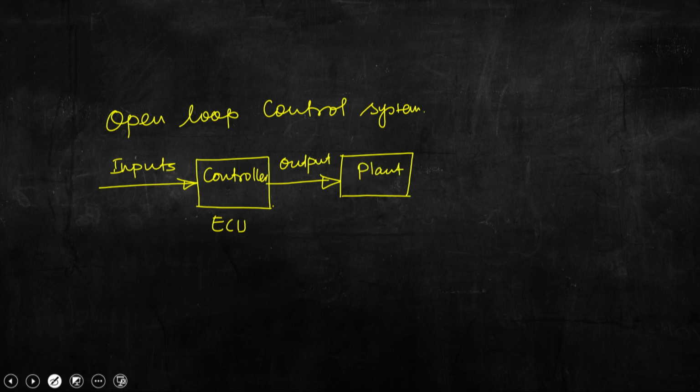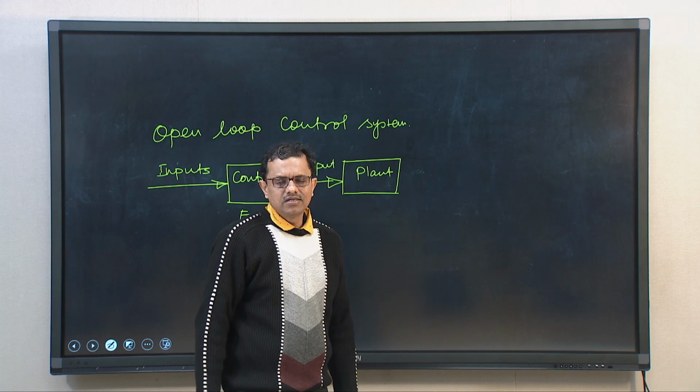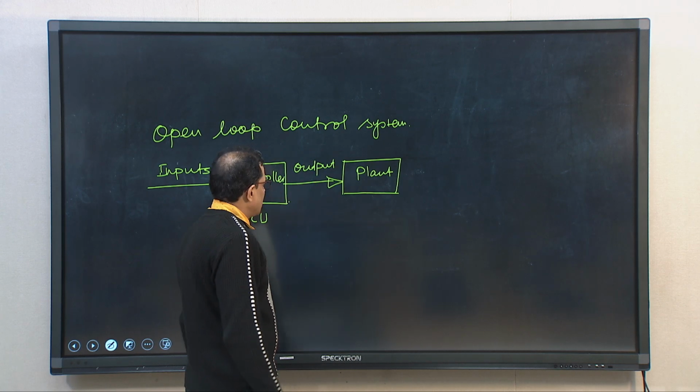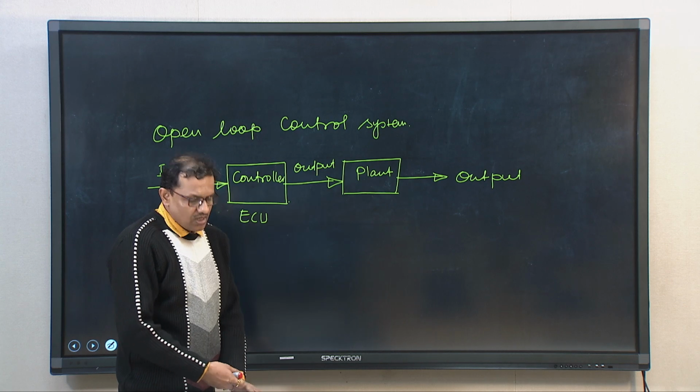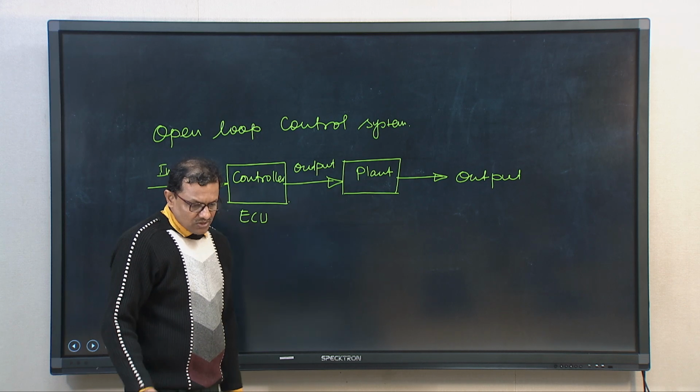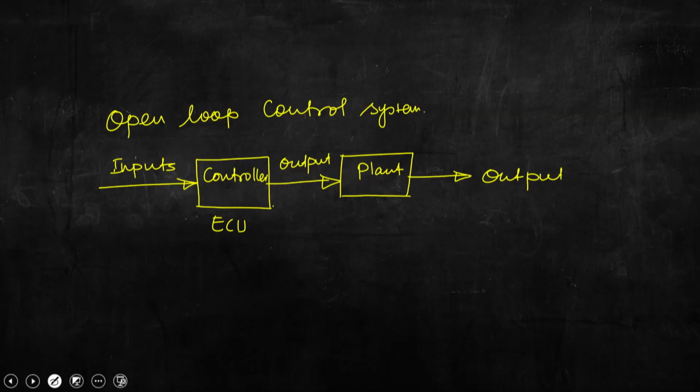Plant is basically the system that is being controlled, and then we have some output from the plant. So, this is the layout, I should say this is the system output.